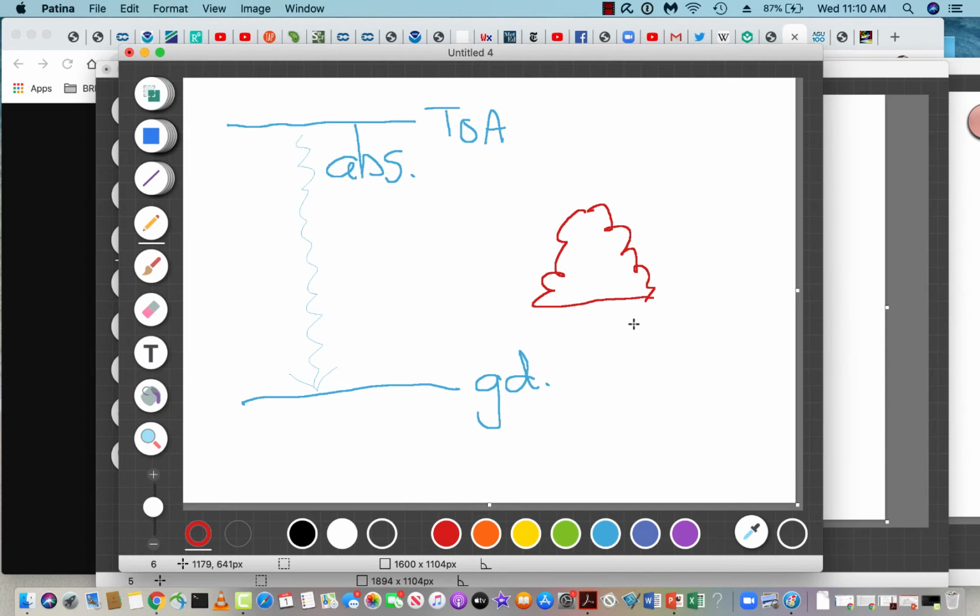And of course that means you have to get the profiles of temperature and vapor correct in your column, so you can get the right amount of clouds in the right place at the right altitude, so that you can get the correct radiation incoming down here at the ground.